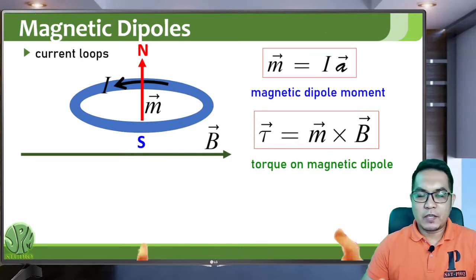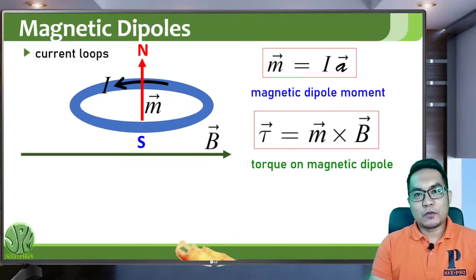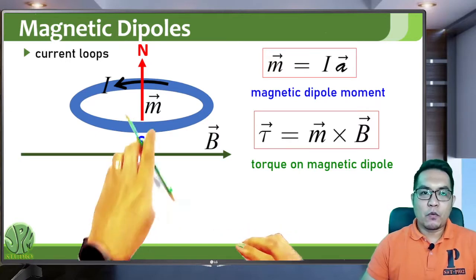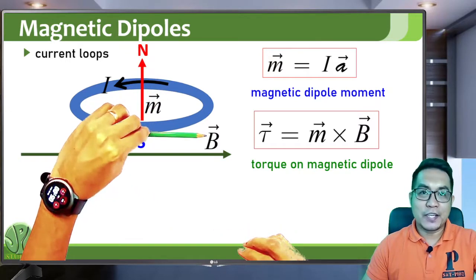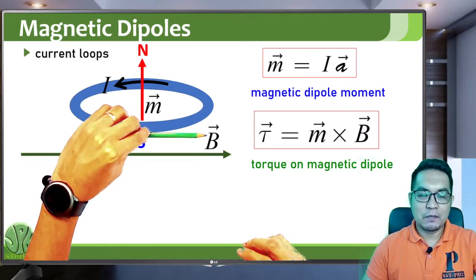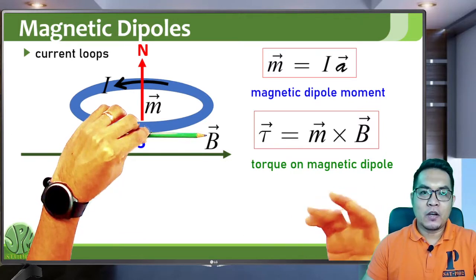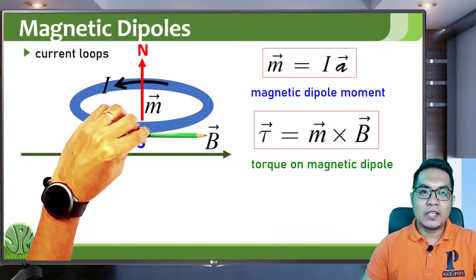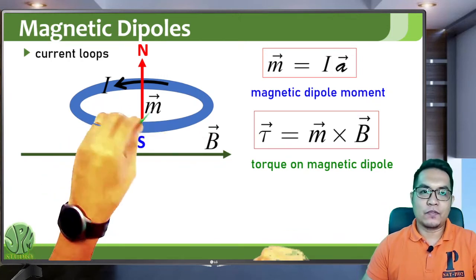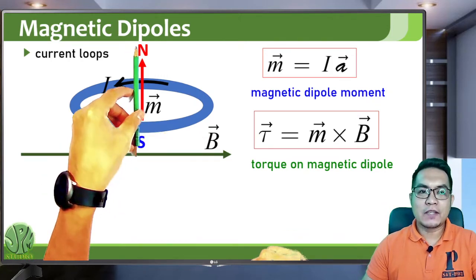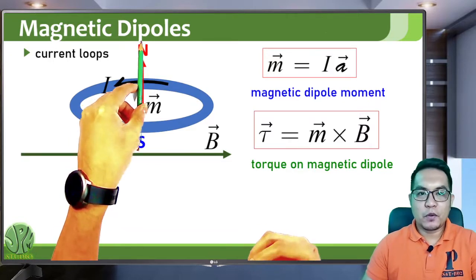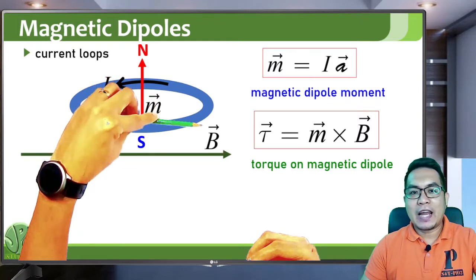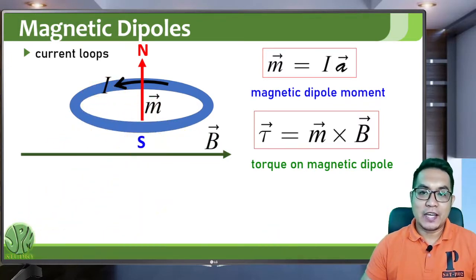Similarly, the magnetic field will try to rotate the dipole in such a way that its magnetic dipole moment will align with the external magnetic field, similar to what happens with electric dipoles. The field will always try to rotate the dipole moment vector and align it with the direction of the external magnetic field.